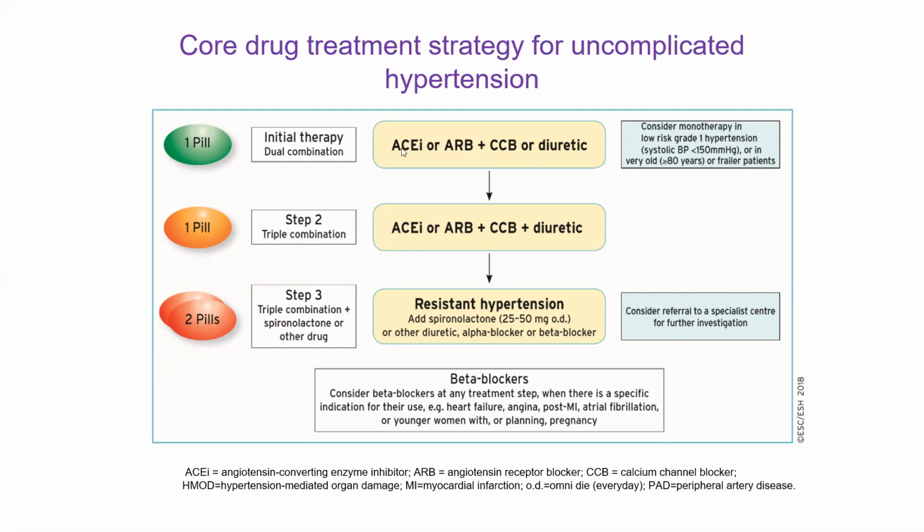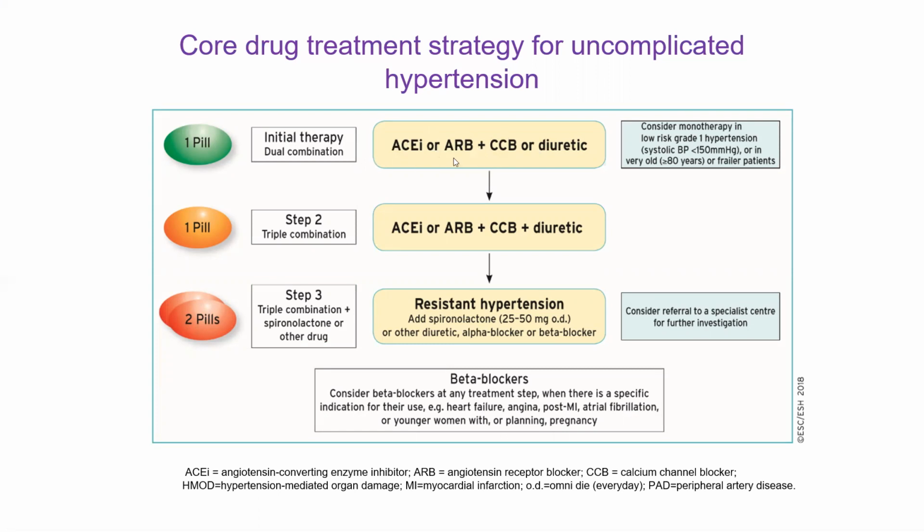We do not prescribe these drugs simultaneously. The first choice is ACE inhibitors. Angiotensin receptor 2 blockers can be prescribed as a second choice. They can replace ACE inhibitors in patients who cannot tolerate ACE inhibitors, for example, due to dry cough or angioneurotic edema.